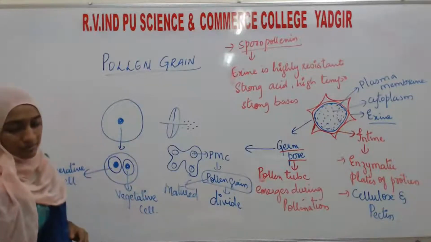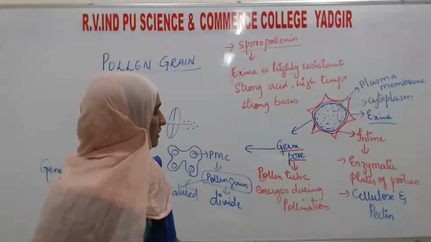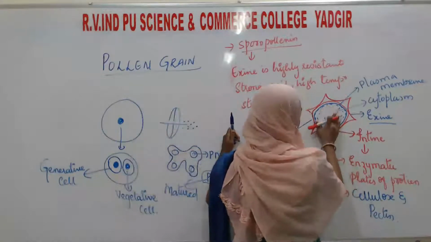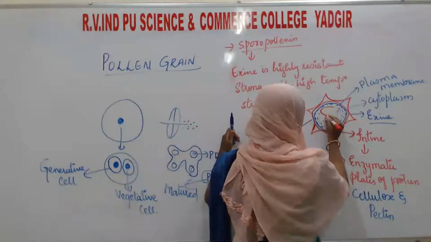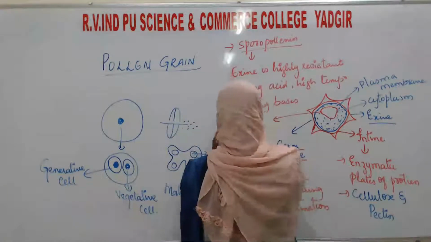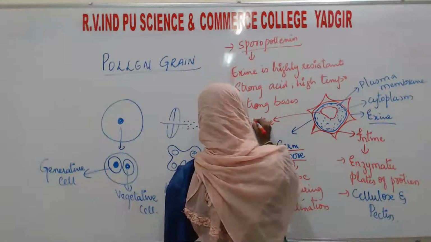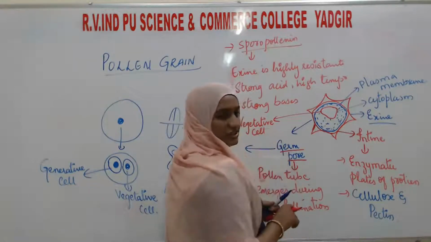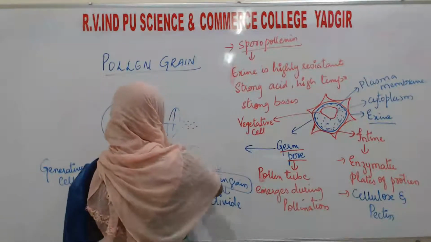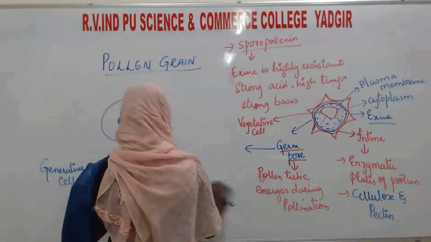This is the vegetative cell. This vegetative cell is the bigger cell and has an irregular nucleus.